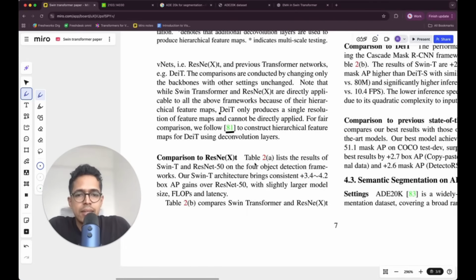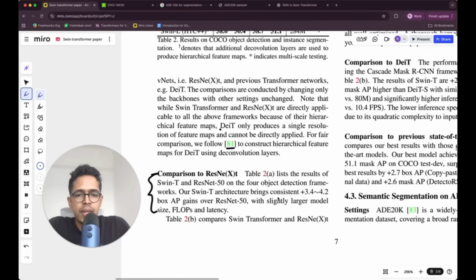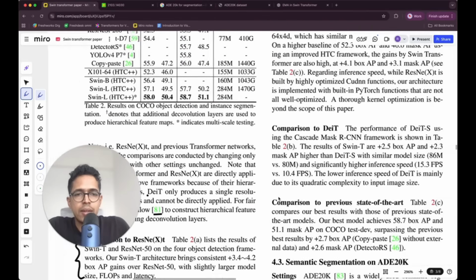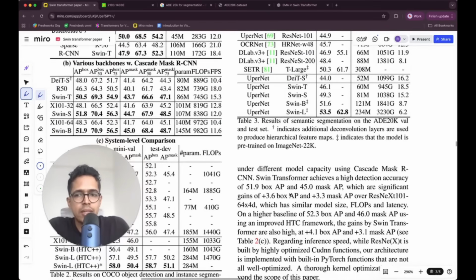Comparison to ResNeXt. Table 2 lists the results of Swin-T and ResNet 50 on 4 object detection frameworks. Our Swin-T architecture brings consistent box average precision gains over ResNet 50. This we saw from the current table, with slightly larger model size, flops, and latency. Table 2b compares Swin and ResNeXt under different model capacity using Cascade Mask RCNN.